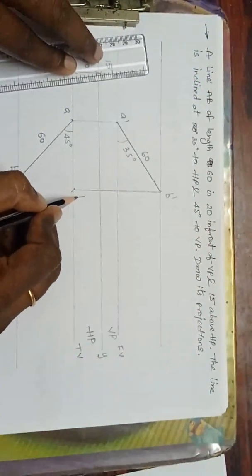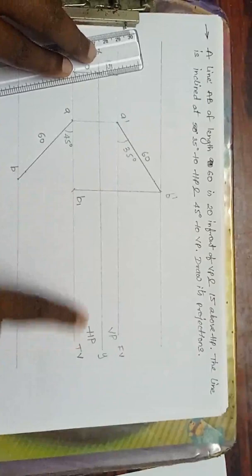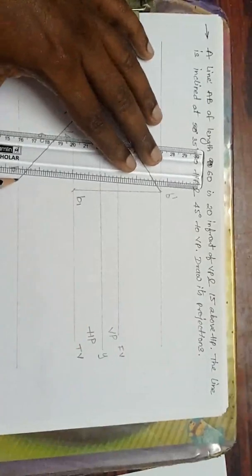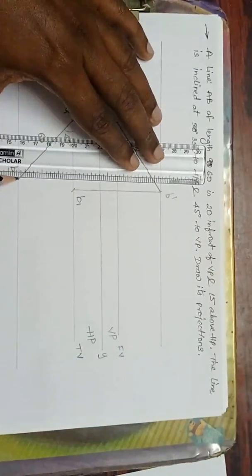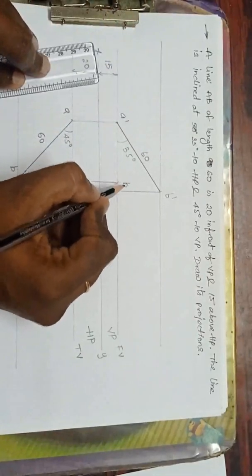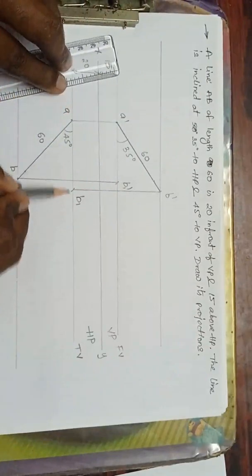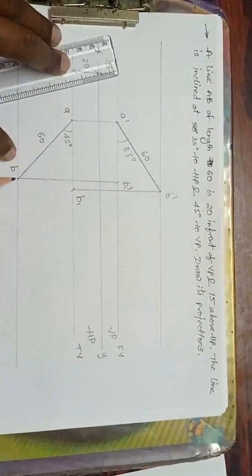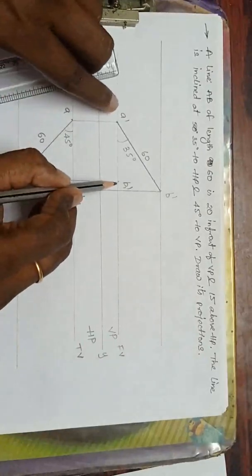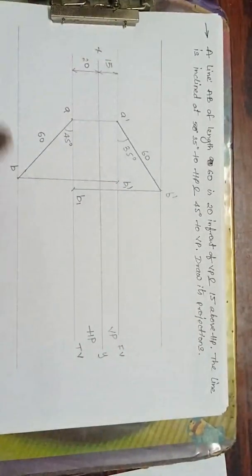I will call it B1. No dash here because it appears in the HP. Then from B, I will draw the perpendicular line up to the VP. This is B1 dash. So where do we have to draw B1? Onto the line of A dash. See here, from B, I will stop up to the A dash line.